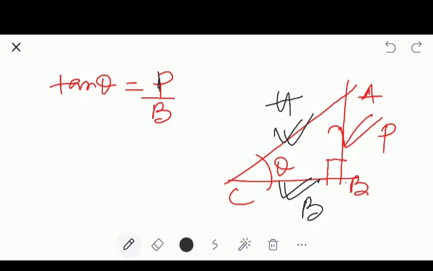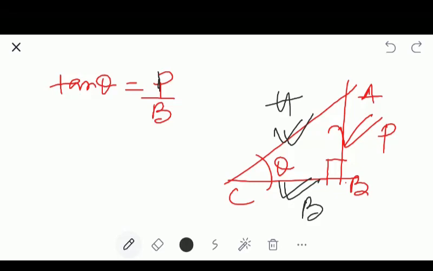So we have got three trigonometric ratios. How can you remember the value of sine theta and cos theta? It will be very difficult to remember the perpendicular, base and hypotenuse and their ratios.